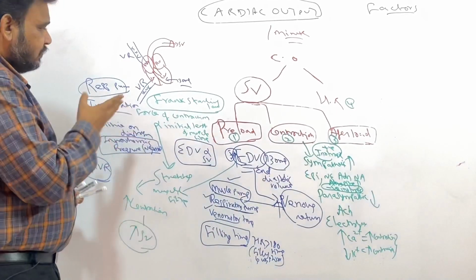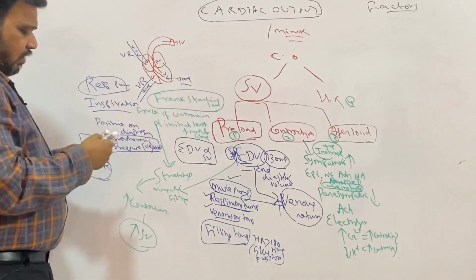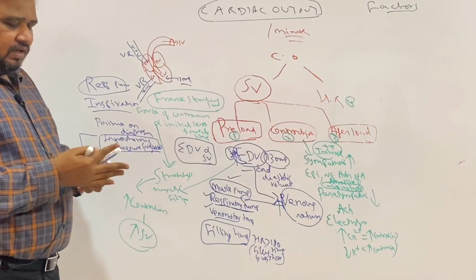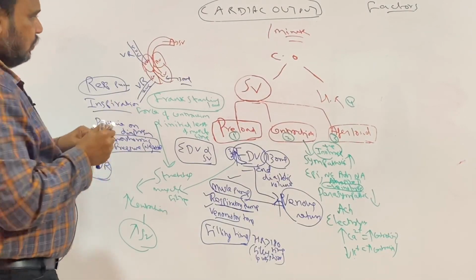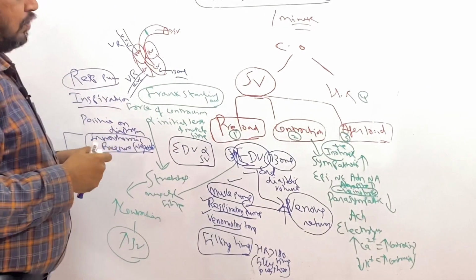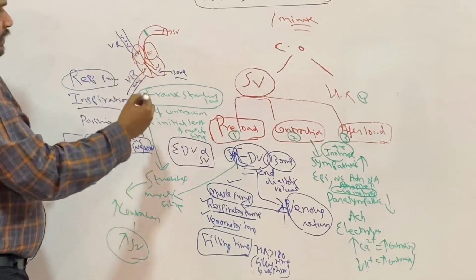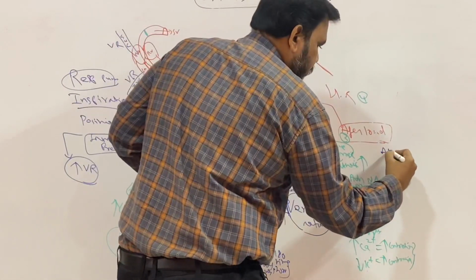Afterload is, so venous return has come, ventricles started contracting. Afterload is, after the ventricles contract, what happens? So at this level, this is afterload. For example, imagine atherosclerosis.